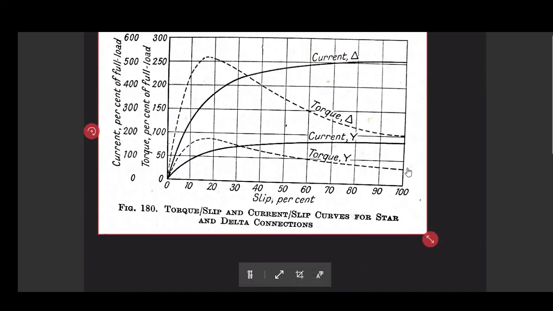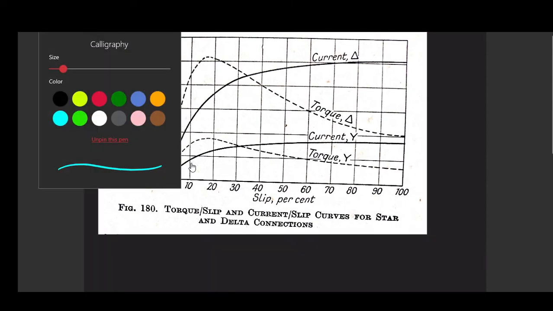I have taken this curve from the book of MG. Here you can see the standstill condition. Don't get confused between this one and your NS and NR.